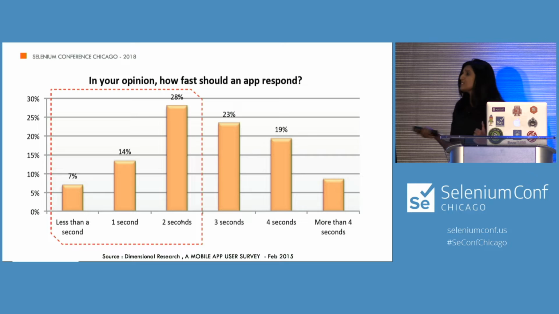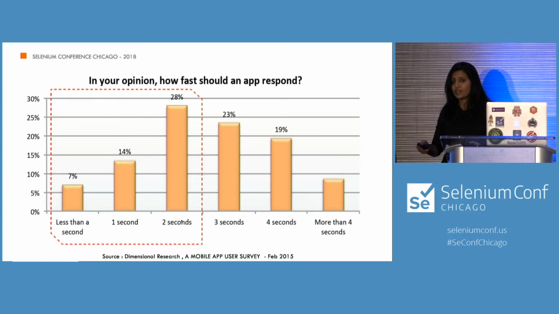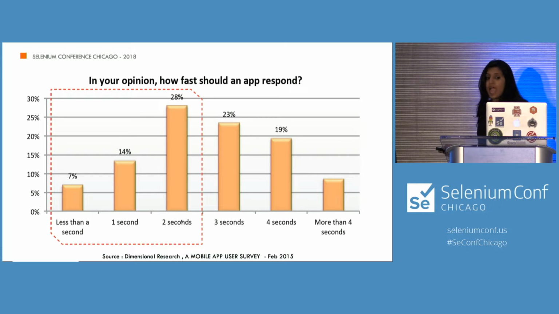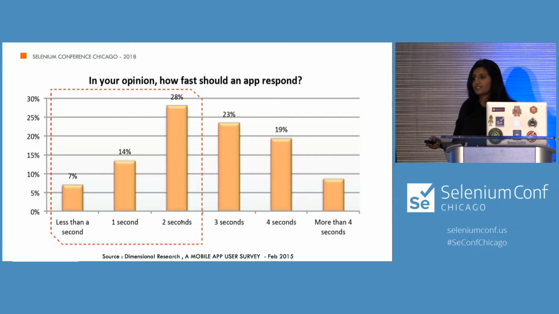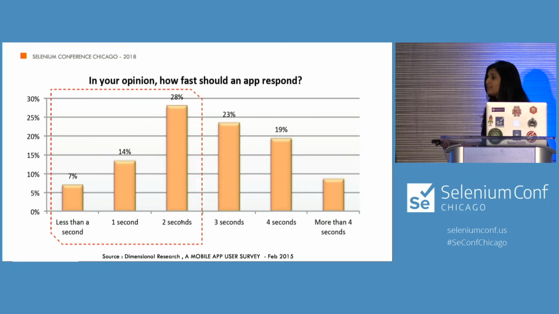First of all, this is a survey that was done in 2015. That's like 4 years back, and the expectation was super high even then. This was a survey done for mobile end users. Sorry to say, about 50% wanted the application to respond in 2 seconds.